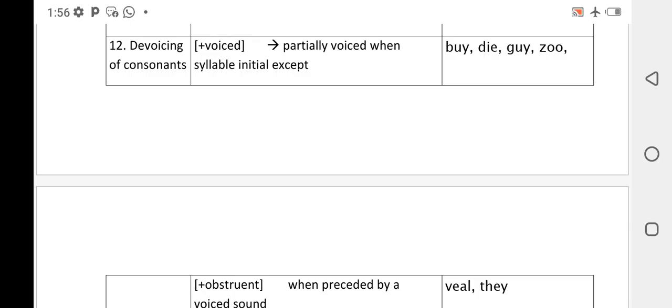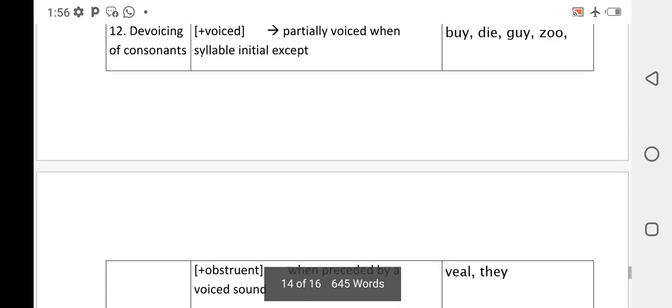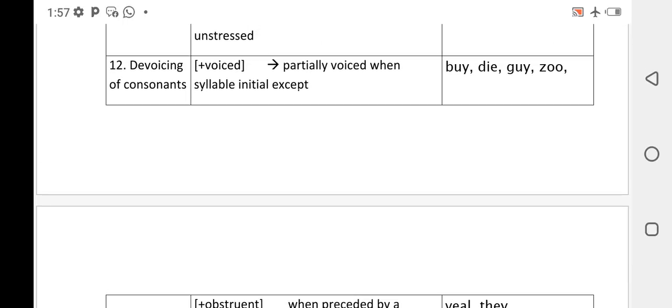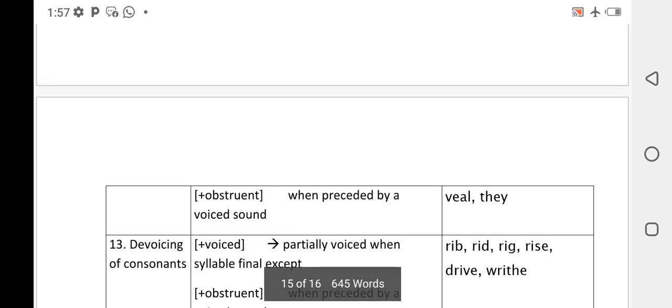But now when it comes to voiced obstruents, that means it is removing voiceless plosives, it is removing voiceless fricatives, and it is removing voiceless affricates.